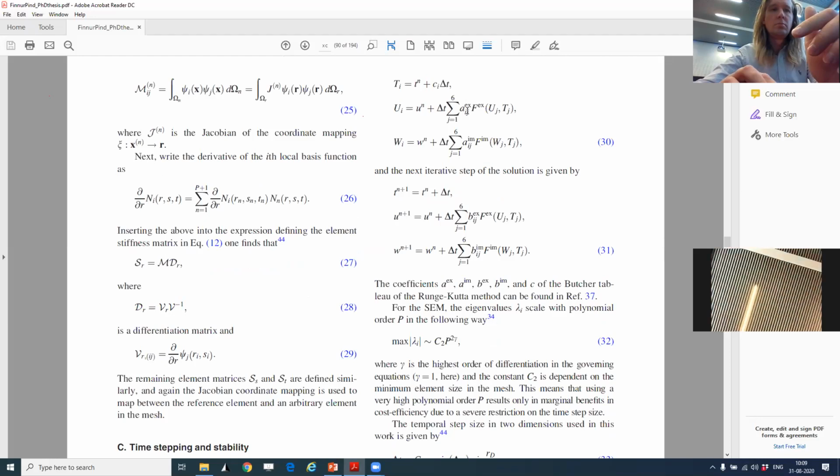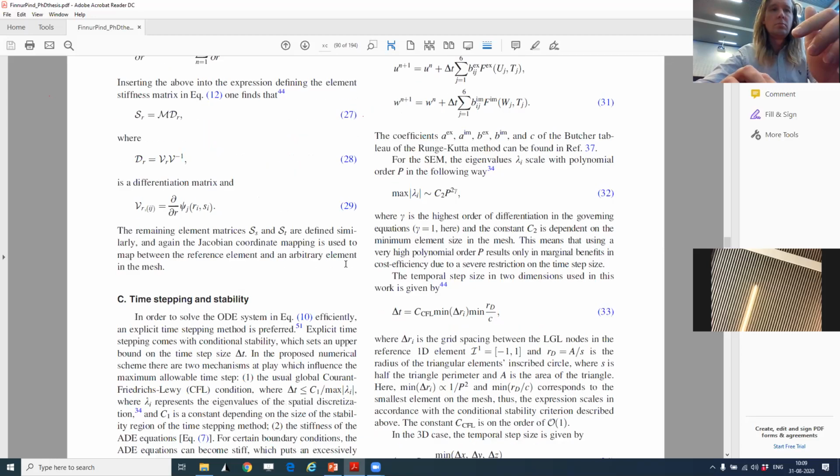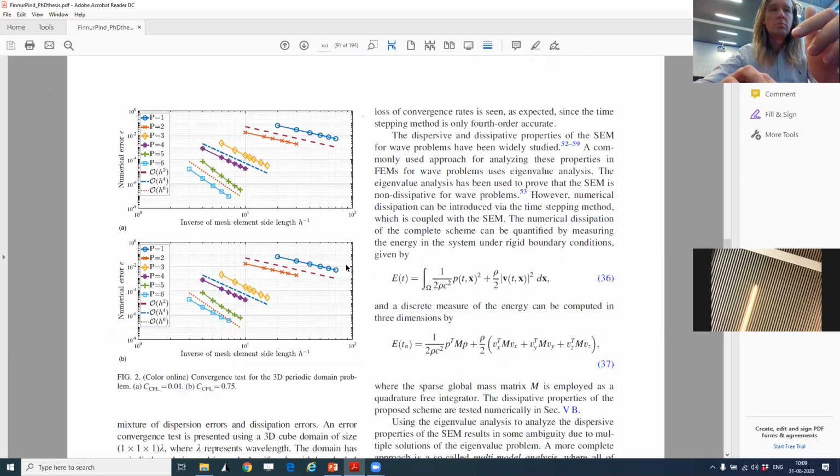If you go further down, then you have some figures. Figure 2 on the errors. So you also described what type of errors you have in your system, and it turns out to be only dispersion error if the CFL number is very low, right?